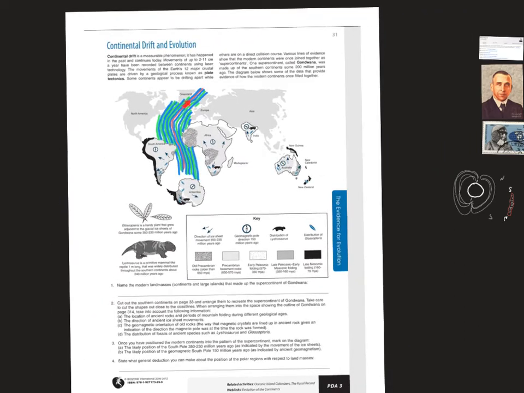The magnetic field lines flipping, the land pieces fitting, the rock strata, the types of rocks matching, the magnetic fields on the continents themselves aligning in such a way that when you cut them out and turn them, all the compasses would point in the same direction.